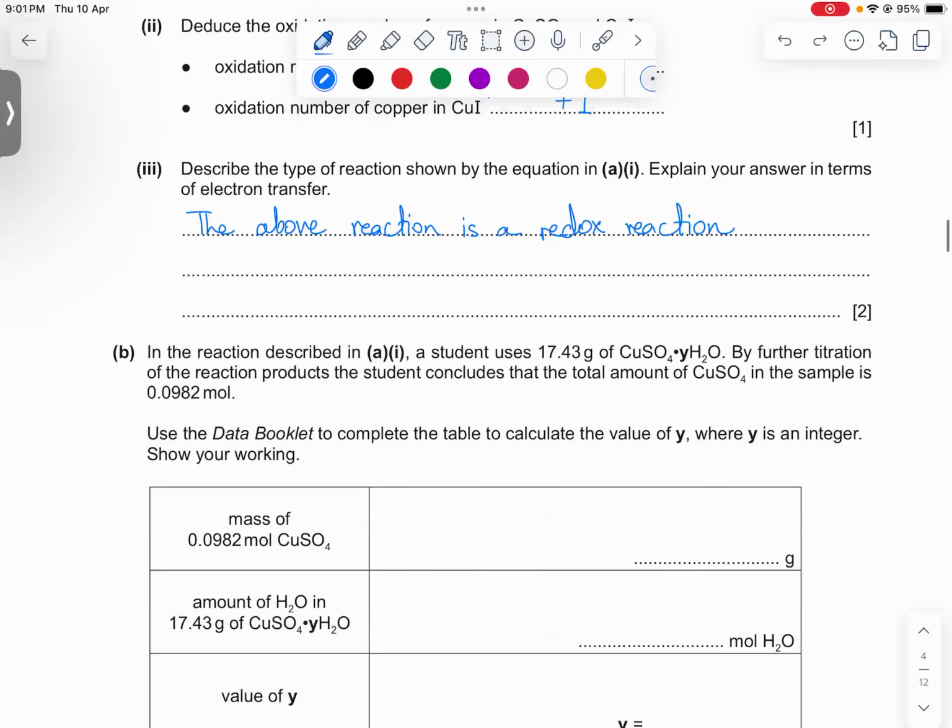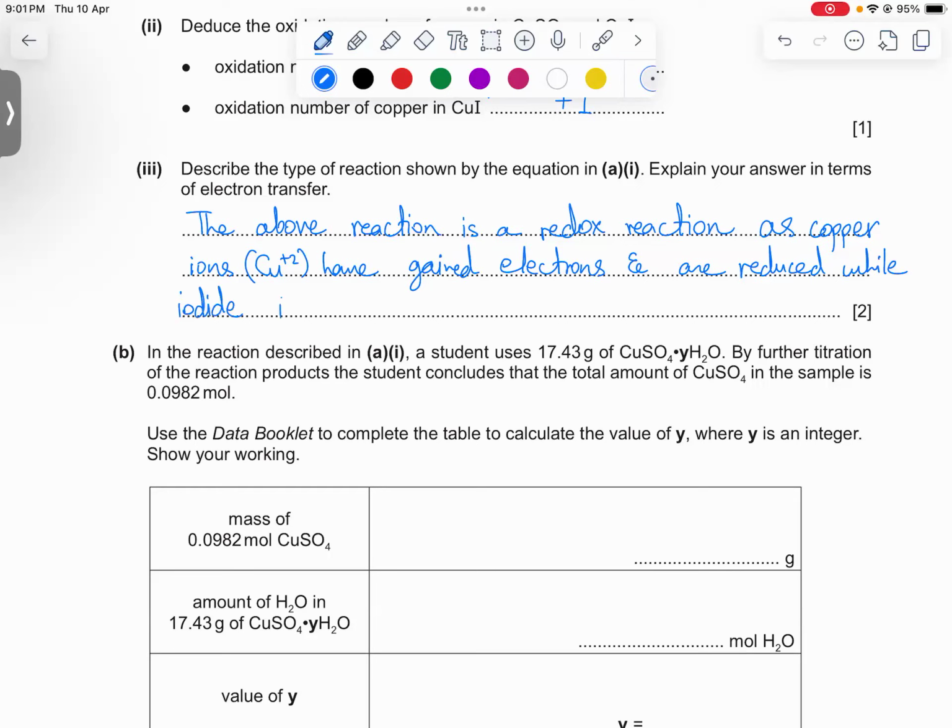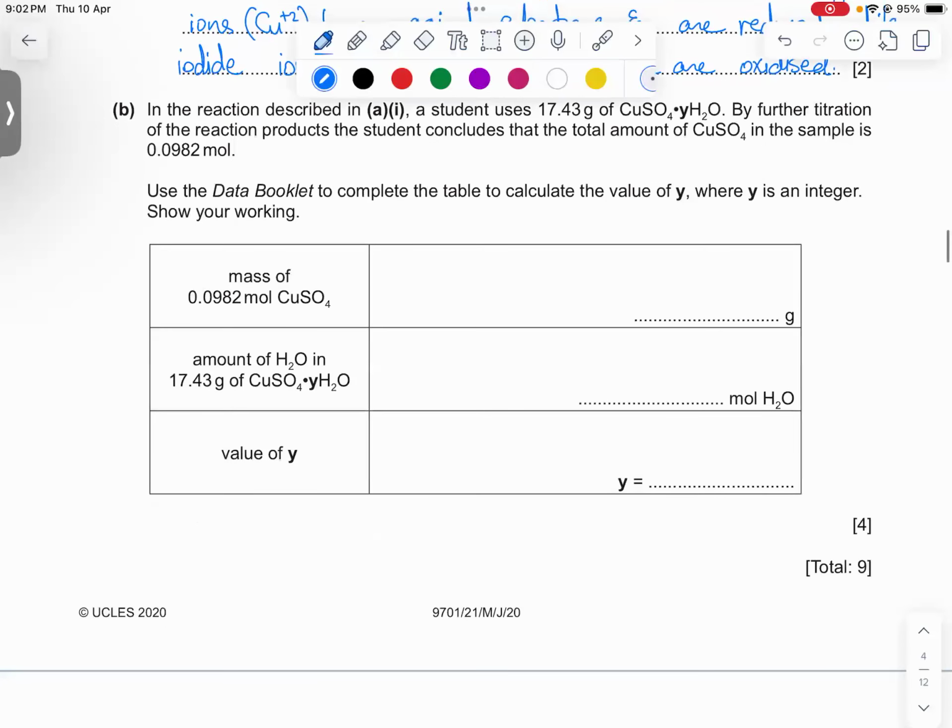So we're going to say the above reaction is a redox reaction as copper ions Cu2+ have gained electrons and are reduced, while iodide ions, I minus, have lost electrons and are oxidized. Full stop. Next question.